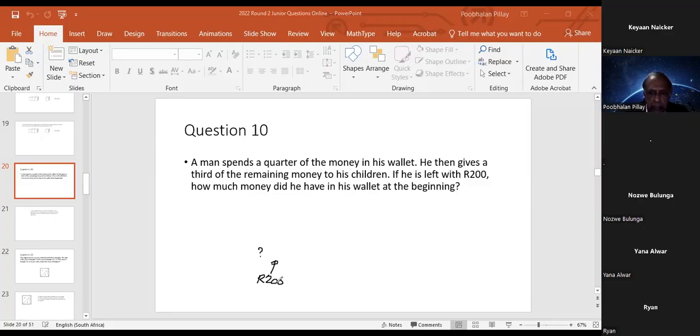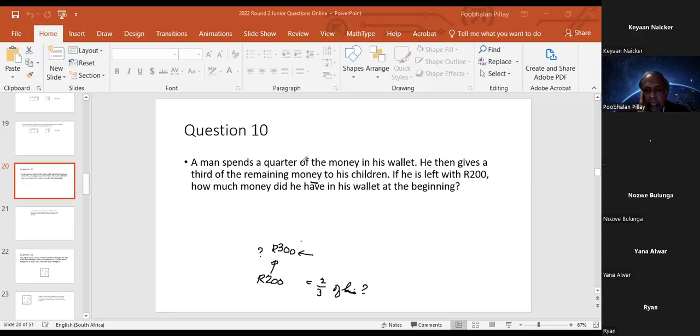In other words, this thing here represents 2/3 of his money because he's taken away a third of this question mark. So if this represents 2/3 of that amount, then this would have been 300. See, you can do this mentally. 2/3 of 300 is 200. So before he gave his money to his children, he had 300.